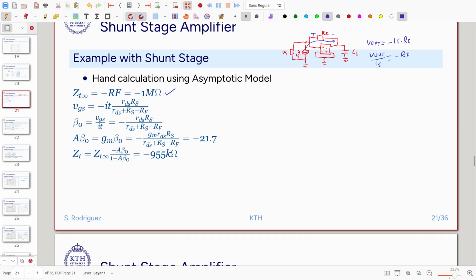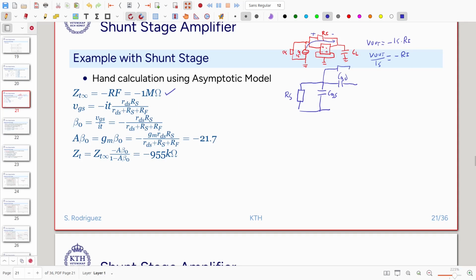Now we need to calculate the A beta null. We need to calculate the low frequency loop gain, so let's first draw the model for that. That will be RS, CGS. Here we have CGD.